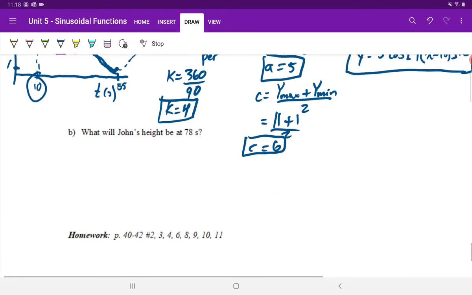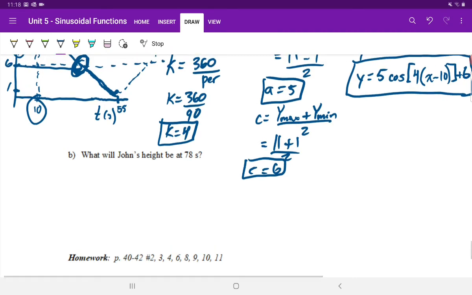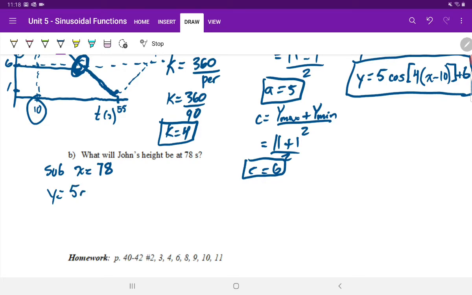Okay, what will John's height be at 78 seconds? No problem now. We can sub in x equals 78. Okay, now be careful here.